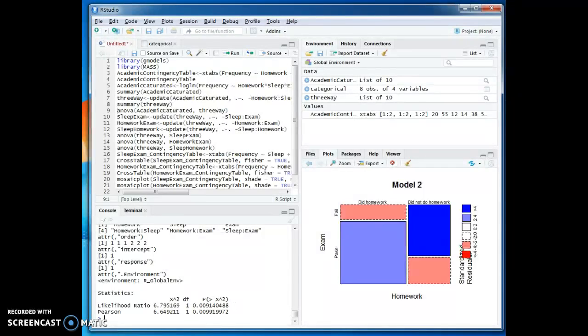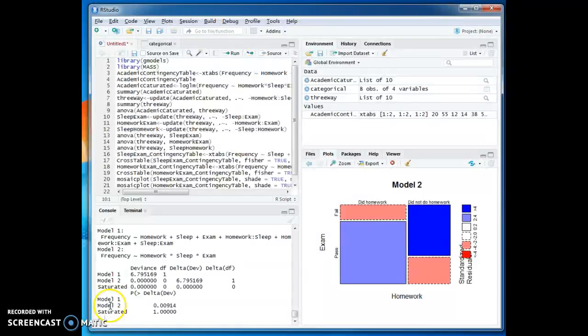We also want to compare the saturated model to the one without the three-way interaction, and we use this ANOVA function to compare those two models.